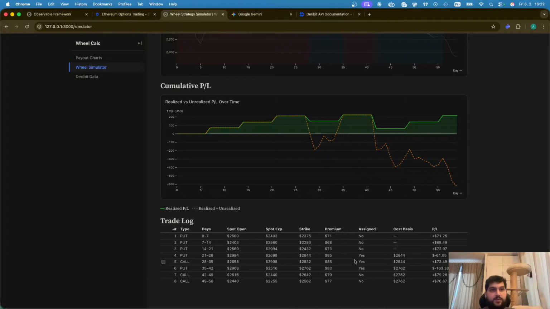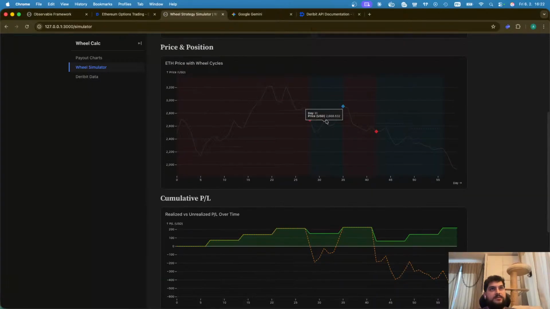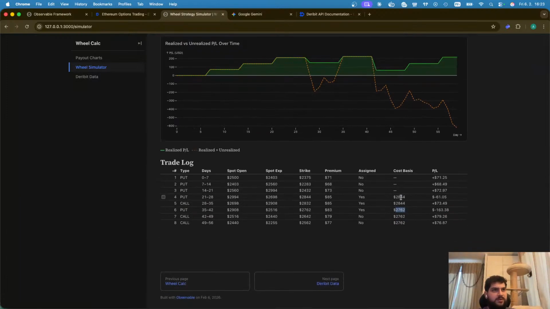And next one, so basically here we sold, we are back in cash, and here we are assigning, basically purchasing a put, and the cost basis for us is gonna be 2,762, and then so this one, right? Yeah, so this is our put, and then the price goes down, so we okay, wait.